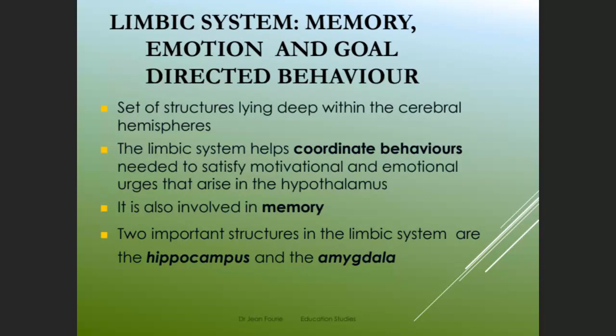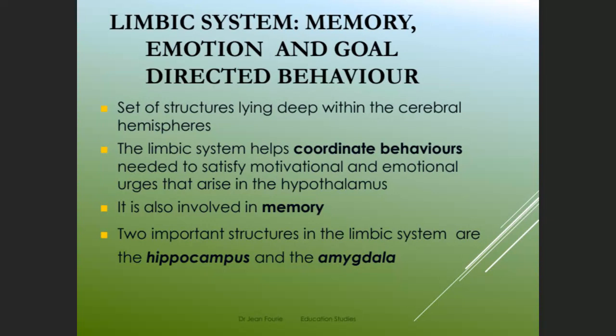So it's directing our behavior, and it is associated with all the emotions and with all the urges. So if you feel you need to sleep, or you feel hungry, or you are motivated to go and do something, this is the part that is directing these things.